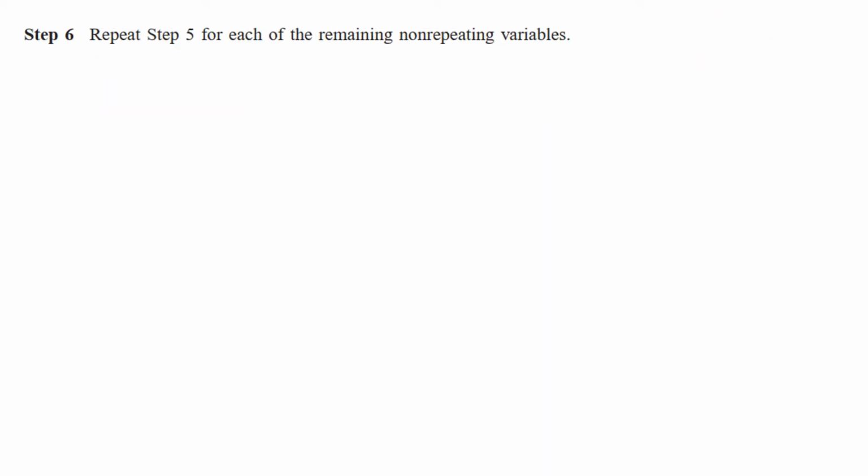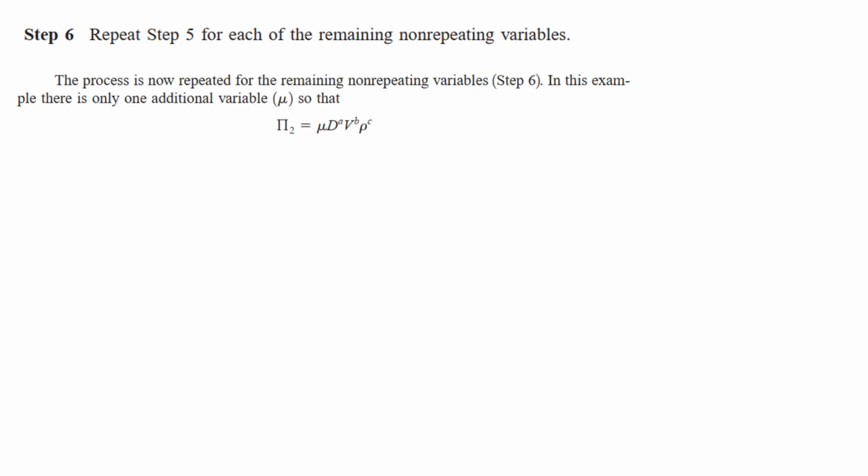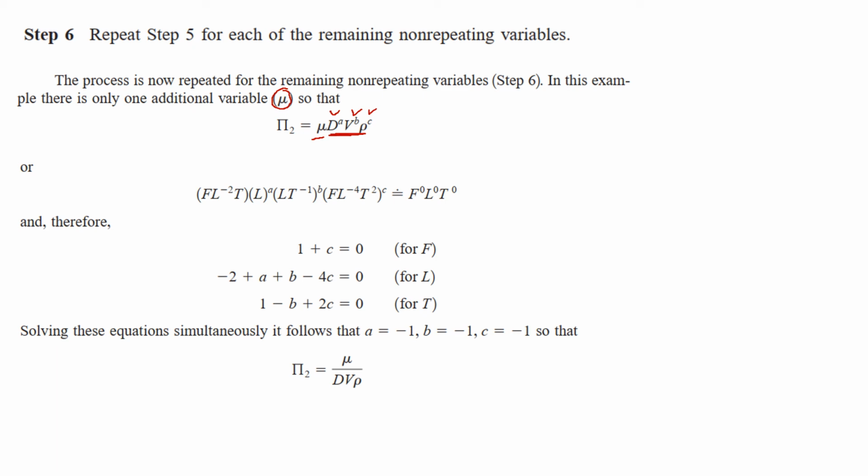Now in step 6, let's repeat step 5 for the remaining non-repeating variable, which was viscosity. We took viscosity and multiplied it with the repeating variables, diameter, velocity, and density, and then followed the same procedure, writing each of these variables in the reference dimension forms, equating them to a dimensionless entity, and finding the values of a, b, c by adding the powers for each of the reference dimensions.